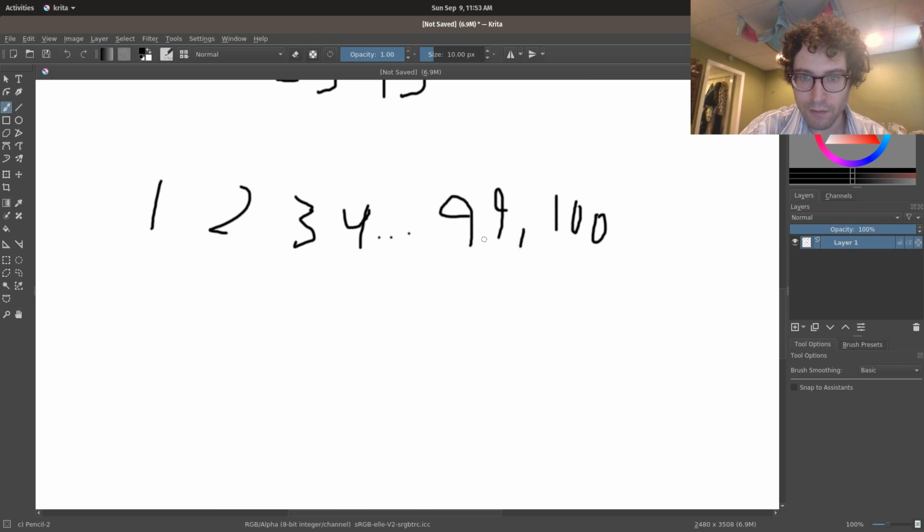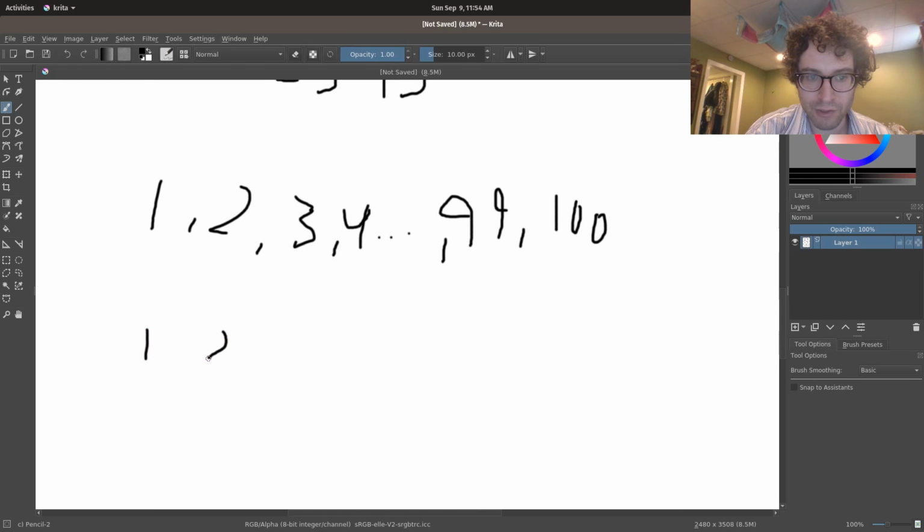These are our numbers, and these are our pairs. How many adjacent pairs of numbers are there? There's this pair over here, this pair, and this pair, and so on and so forth. There are 99 adjacent pairs. We have 100 numbers, there are 99 adjacent pairs.